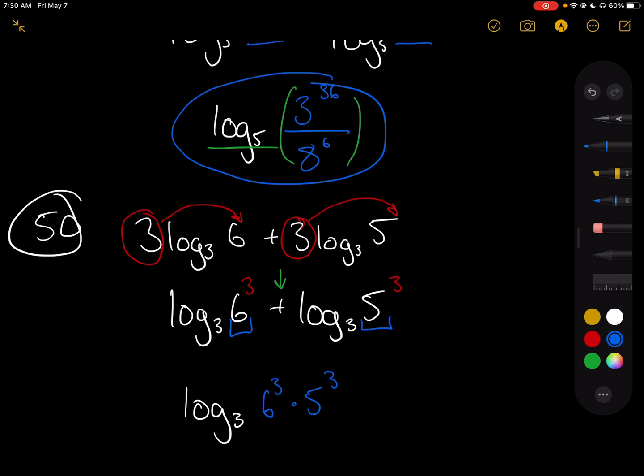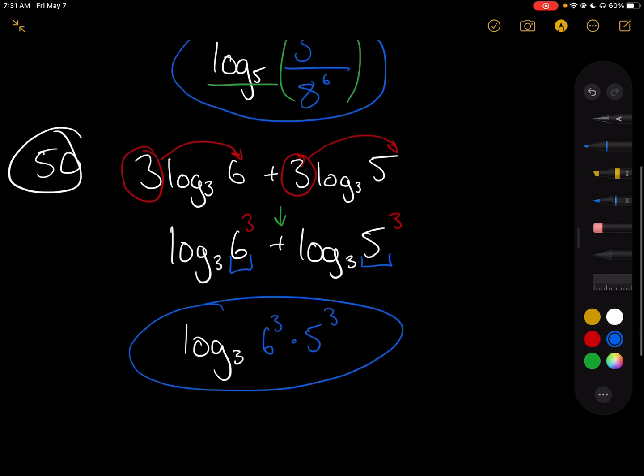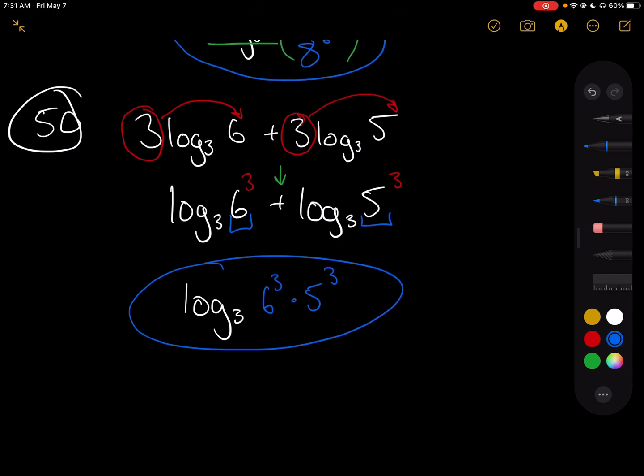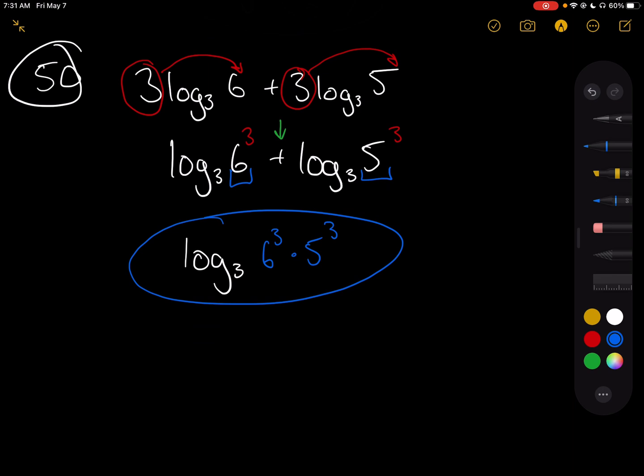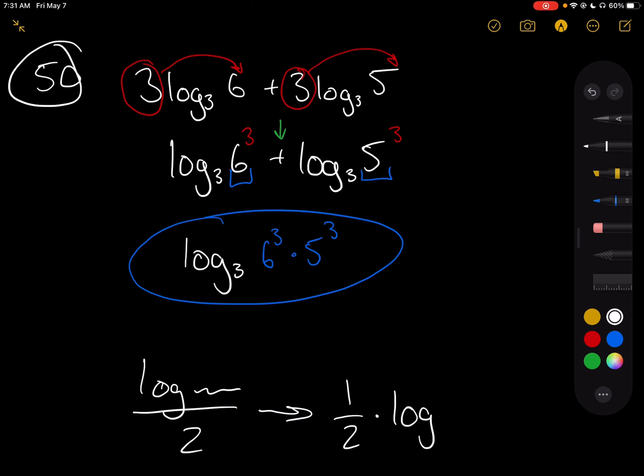You could multiply all that together, but ultimately it's going to turn into a large number. And so I would recommend just leaving it as it is, log base 3 of 6 to the third, 5 to the third. Other things that may help you on this section, for example, in 52 and 55, you'll see something like log of such and such over 2. Okay, that can be rewritten as 1/2 times your log of something, right?